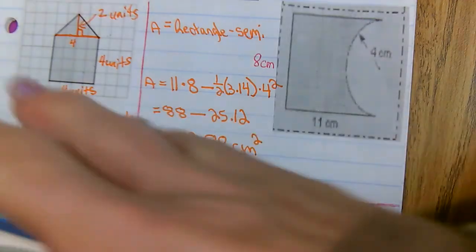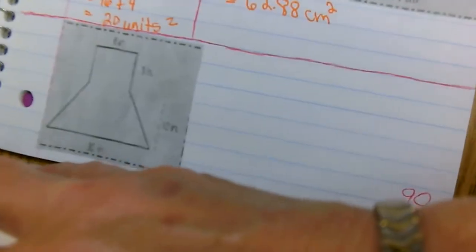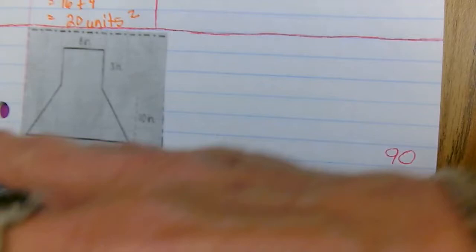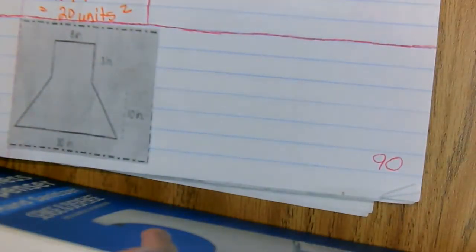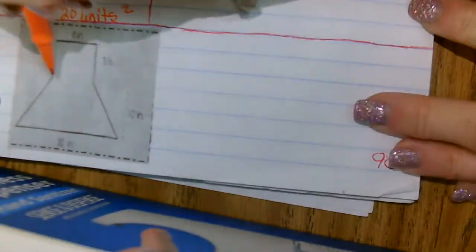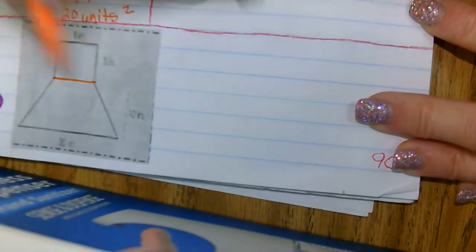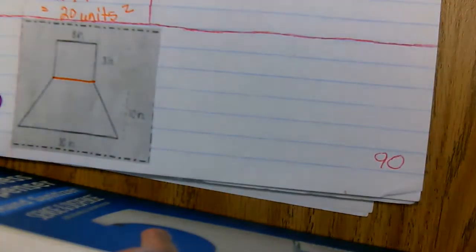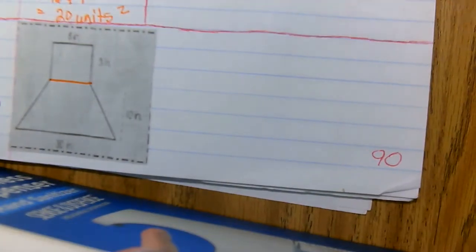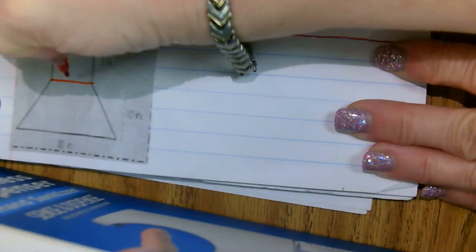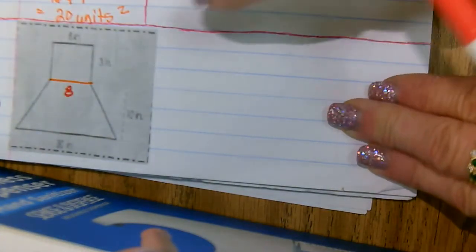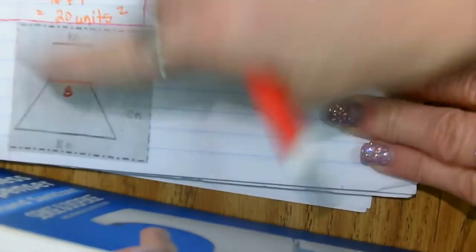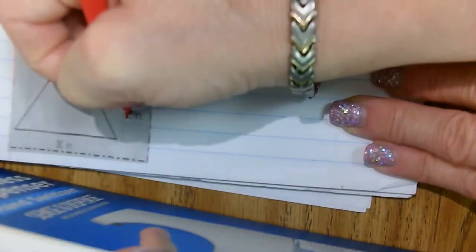And we go down to the very last one. We have two shapes again. Let's split these into two shapes, and let's label some of the measurements that we don't have. So the top base of the trapezoid is 8. The height is over here, and it's 10.